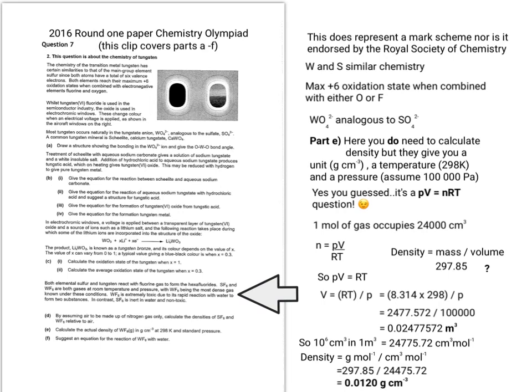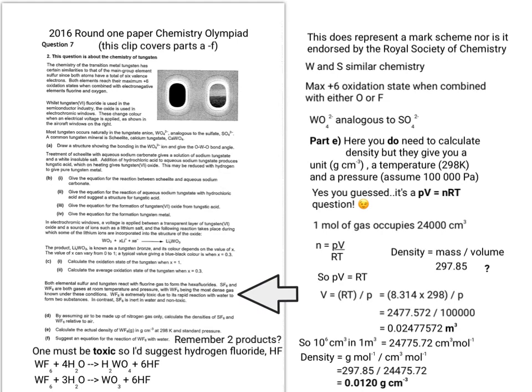So the final part we have to do is to suggest an equation for the reaction of WF6 with water. So I'm going to put that down at the bottom. So remembering that there's 2 products that were produced, we now need to think about what those products might be. It says that WF6 is an extremely toxic gas, and it says this is because its rapid reaction with water makes two substances.